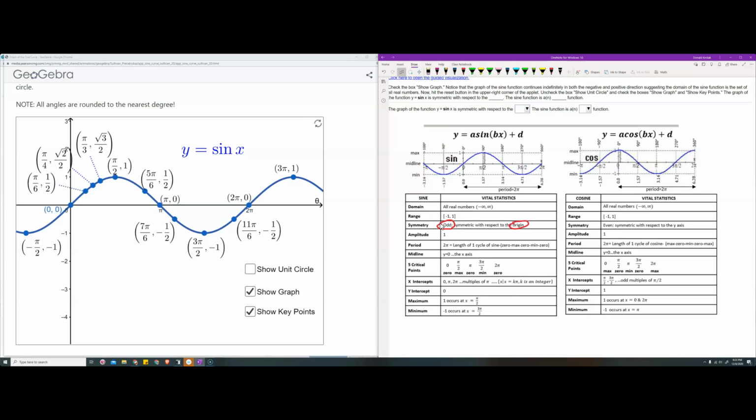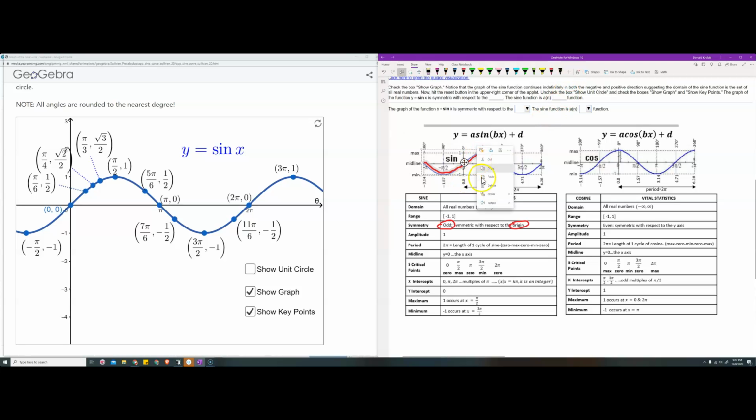So basically what that means is if you take the sine function and you rotate it 180 degrees about the origin, so what symmetry or an odd function is, if I take this and I spin it around this point here, the origin, it will look the same after I spin it 180 degrees.